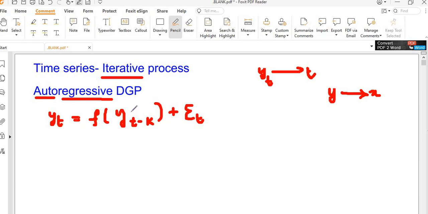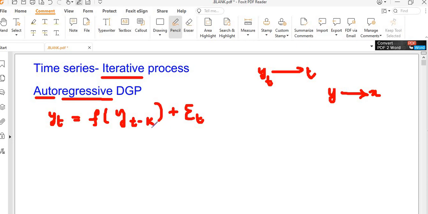So yt depends upon the past values of the variable itself. Now you see y is on this side of the regression equation, and y is present on this side of the equation as well. The only difference is this is the current value and this is k values lagged.